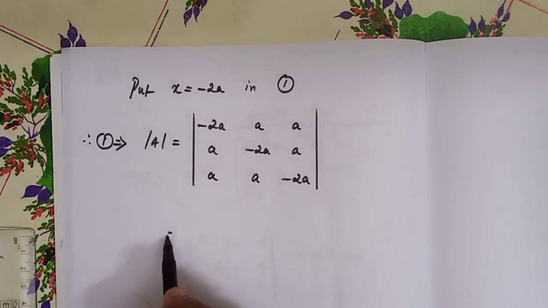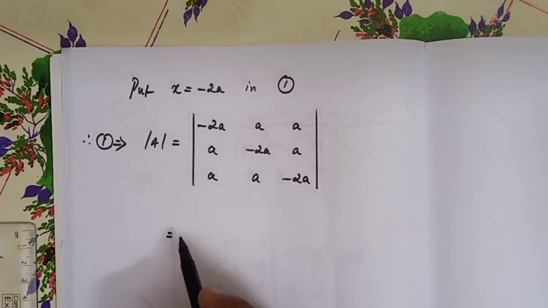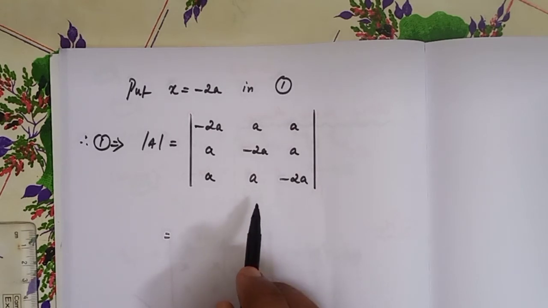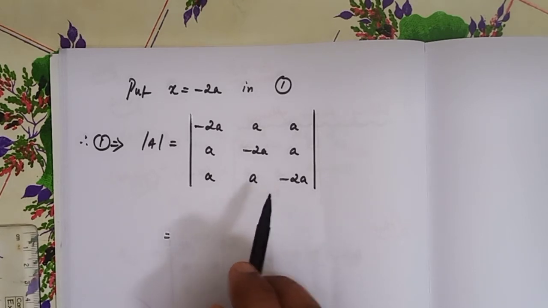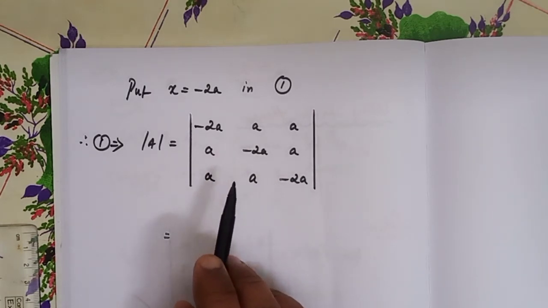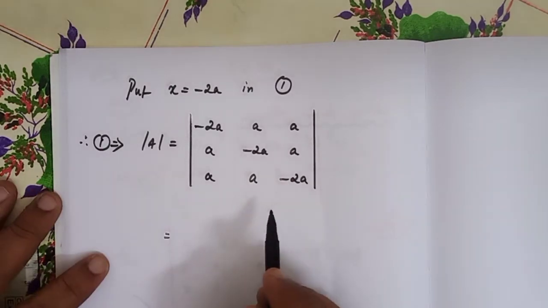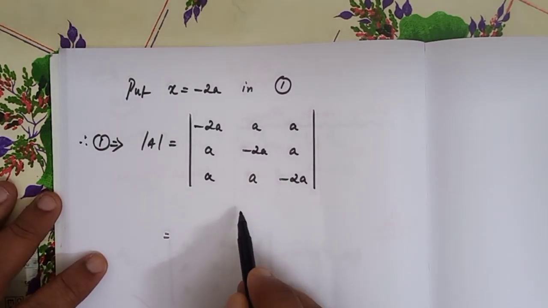That is equal to, here, is there any chance of vanishing determinant A? That means, is there any chance of getting the determinant value as 0? If you expand the determinant, instead of expanding directly, we can go for a transformation.